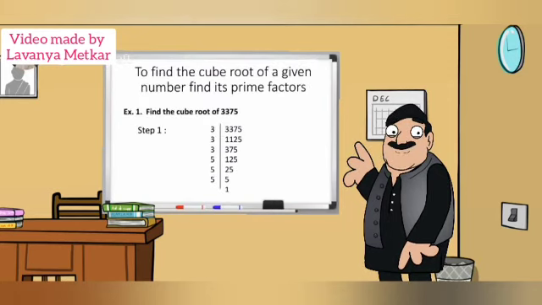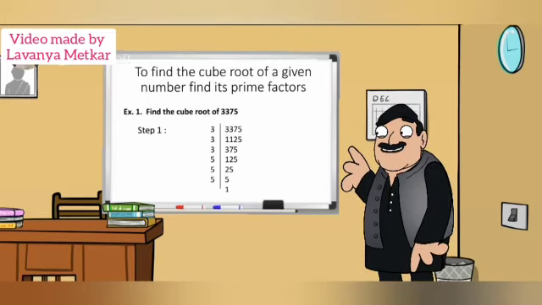So students, the first step to find the cube root of a number is to find its prime factors by the prime factorization method. You can see an example in which you have to find the cube root of 3375. The first step is to find all its prime factors by the prime factorization method.